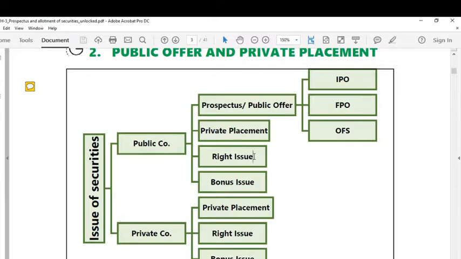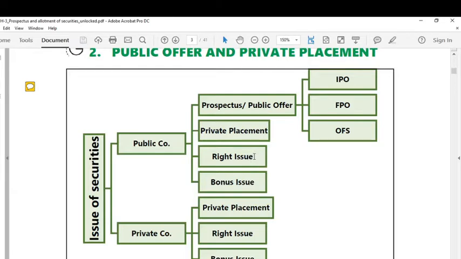If the company is very prosperous and its return on investment is very huge, normally the promoters or the management of the company will think of giving an opportunity to the existing shareholders to subscribe for its shares, so that their loyalty to the company will be reciprocated by the management by giving an option to subscribe for the shares under the umbrella of the right issue.